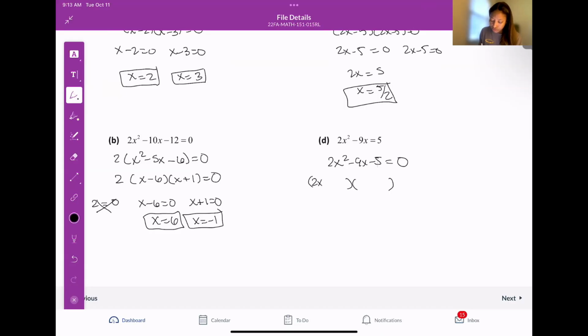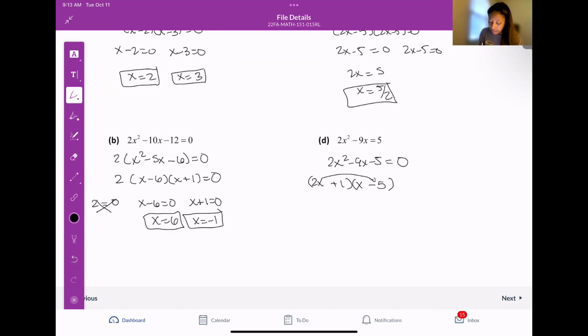So this is 2x and an x. And then the last two terms have to be negative 5 and positive 1 or positive 5 and negative 1. Those are the only options. Those are the factors of negative 5. The ones that work, because we need a negative 9 in the middle, so we'll put plus 1: 2x plus 1 and x minus 5. You can check with FOILing that this works.